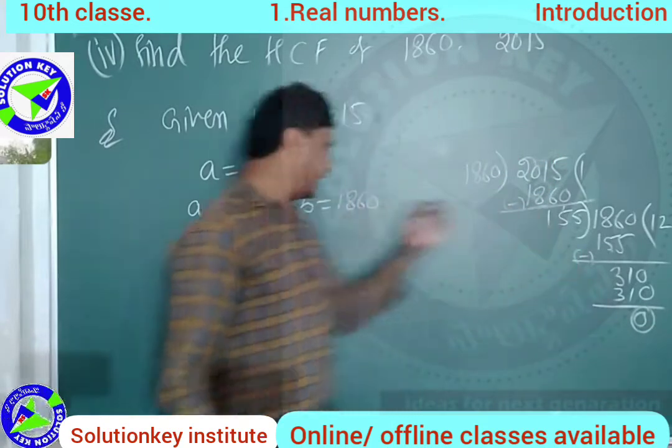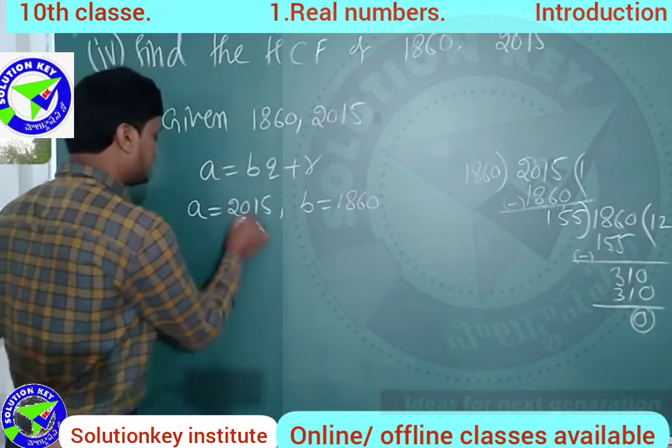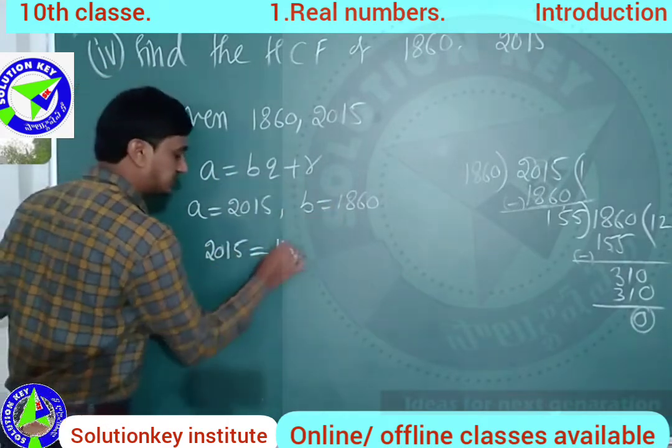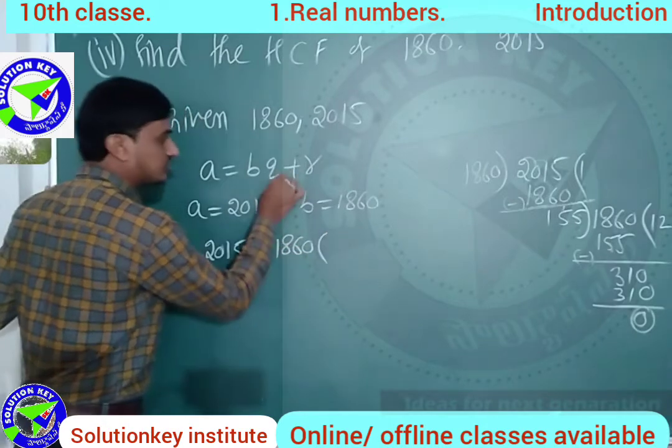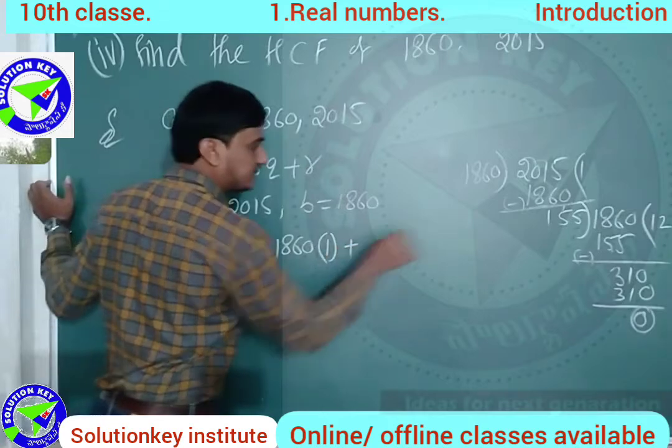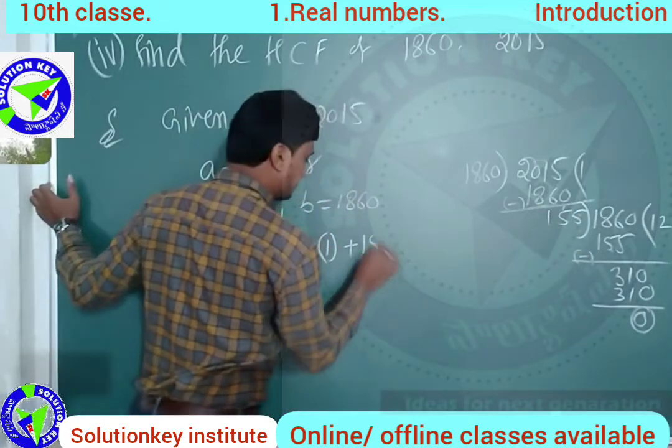Then all things you are substituting here. a = 2015, b = 1860, q is 1 here, plus the remainder 155. It is the first step.